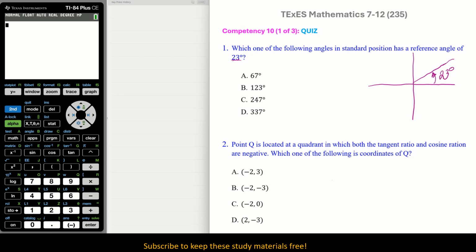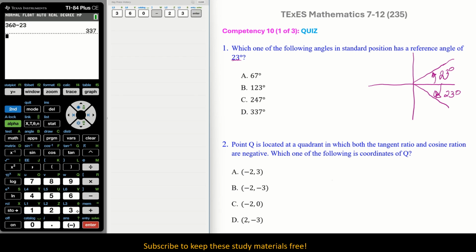In this case, our reference angle and our standard position angle would be the same. It would be 23. Then our only other option is to take 360 and subtract the 23 degrees. So 360 minus the 23 gives us option D.